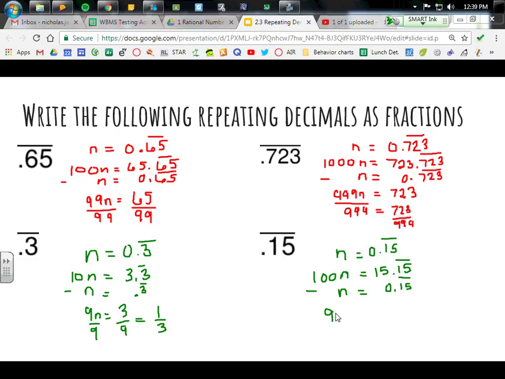I would get 99n equals 15. Divide by 99. 15/99, which can simplify by 3, and that would give us 5/33.